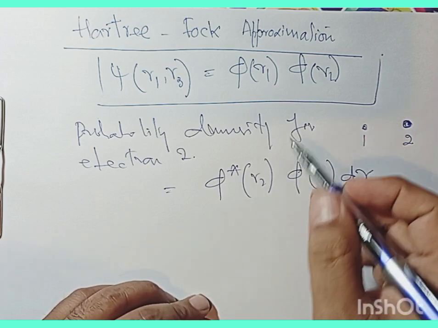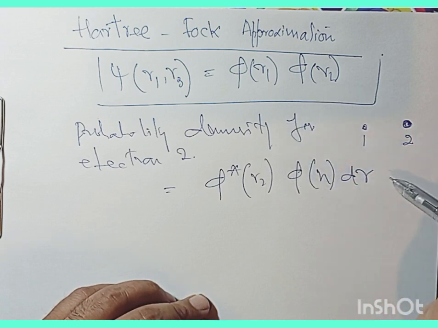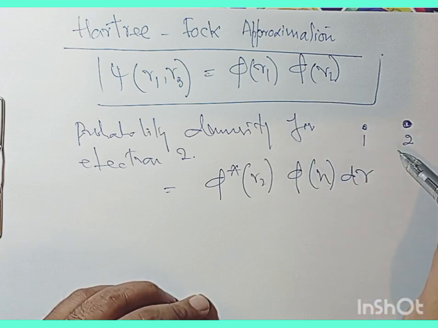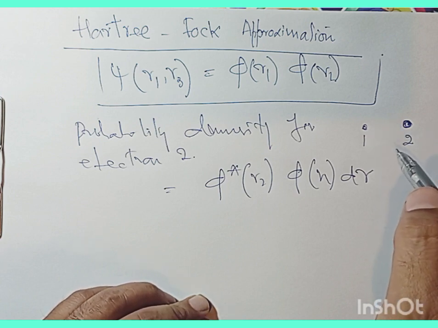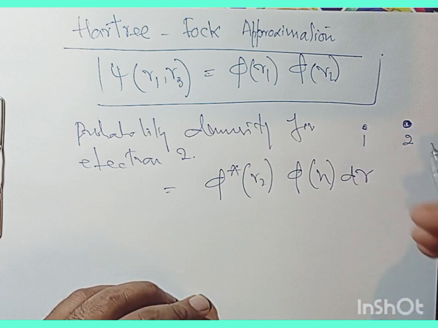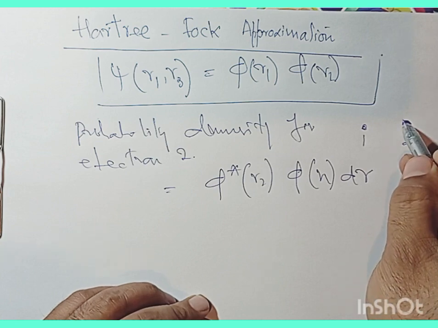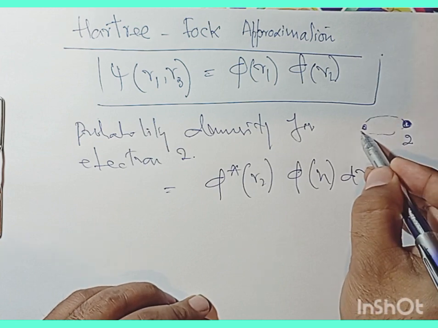We assume that electron 2 can be chosen as a classical charge distribution, and that certainly applies an effective potential to electron 1.